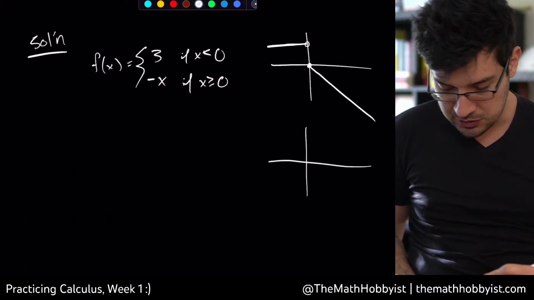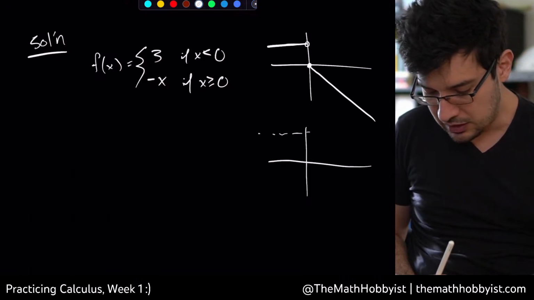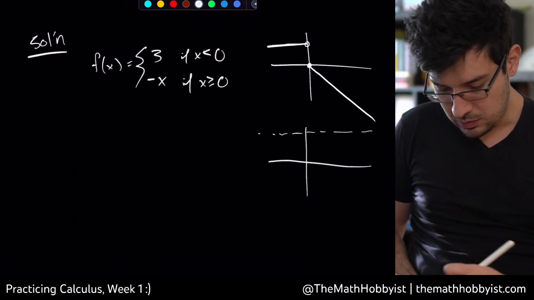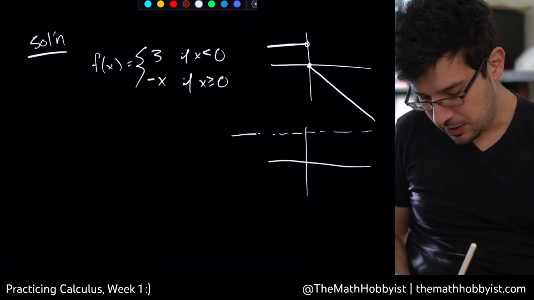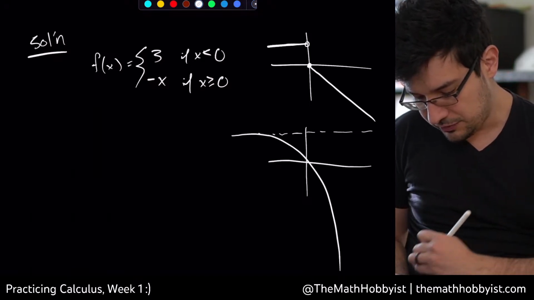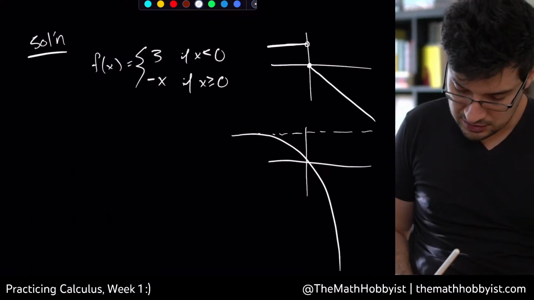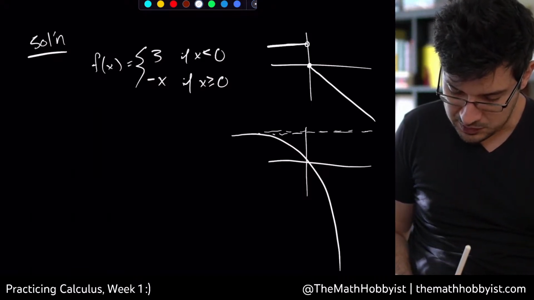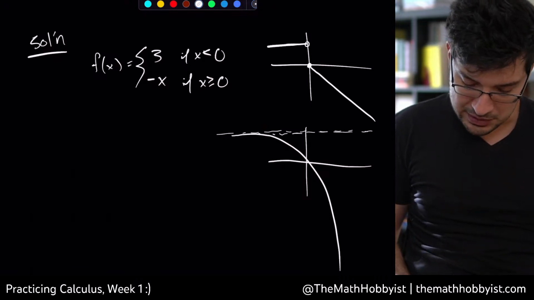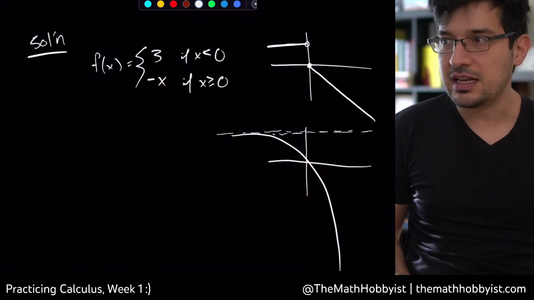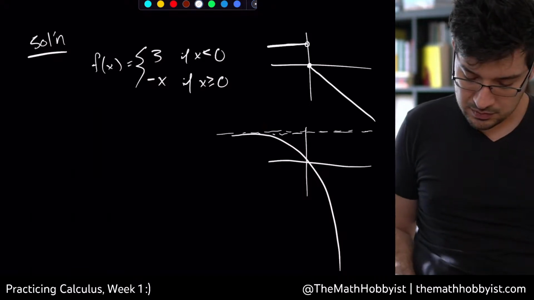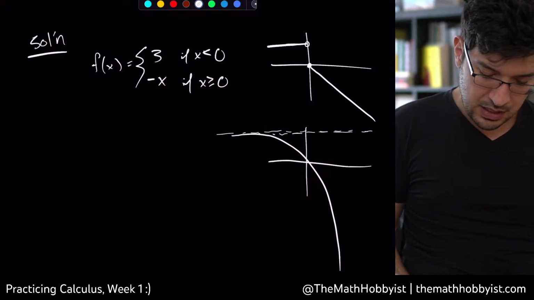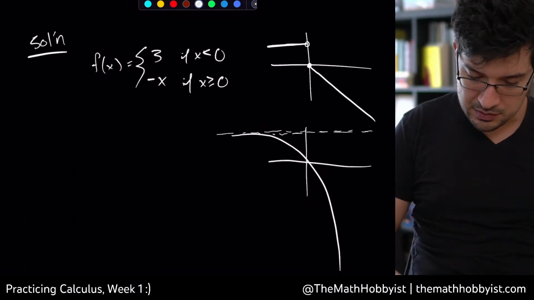But if we do want to show off how smart we are, or try to get a promotion or whatever, we could probably come up with a function that has a horizontal asymptote at y equals 3, and it tends to negative infinity. But we just don't have time for that. Who cares?